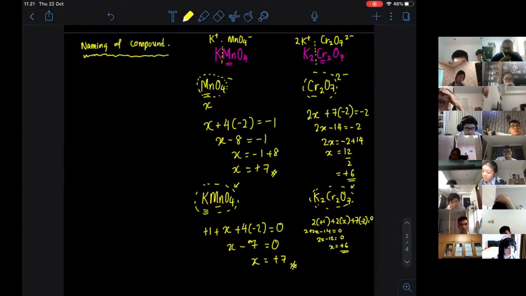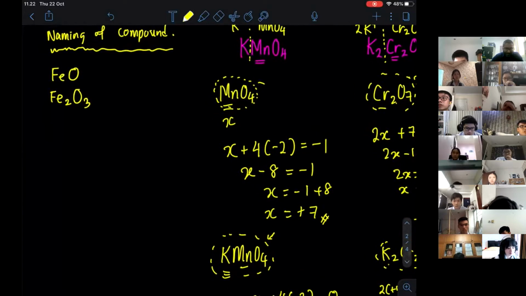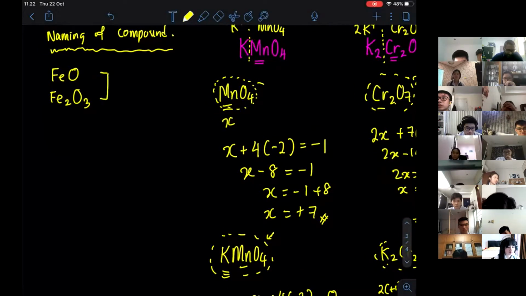Now, when you name compounds, if I have FeO, I also have Fe2O3. Maybe Jeffrey, are these two compounds the same thing? No, sir.